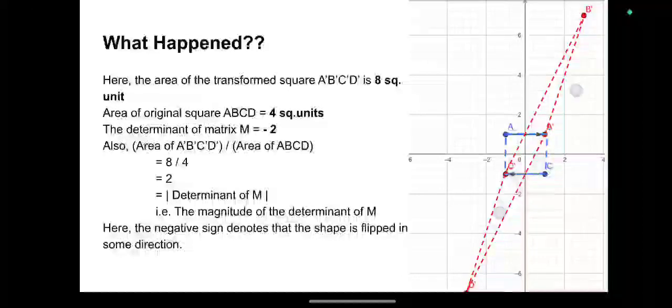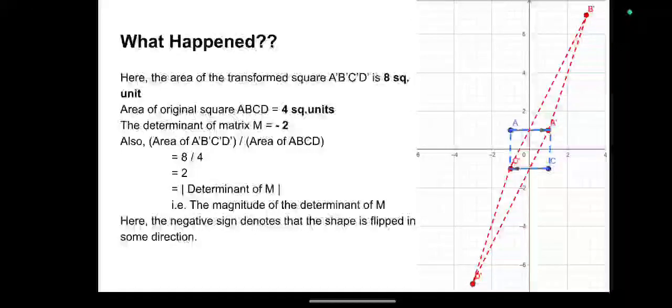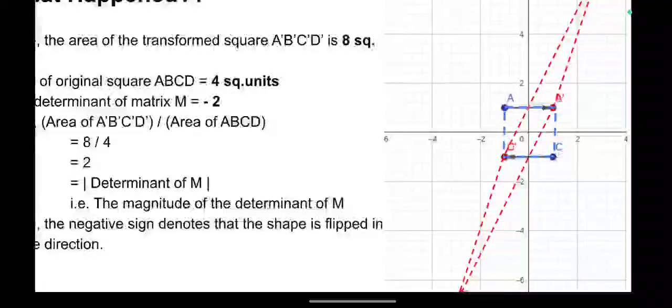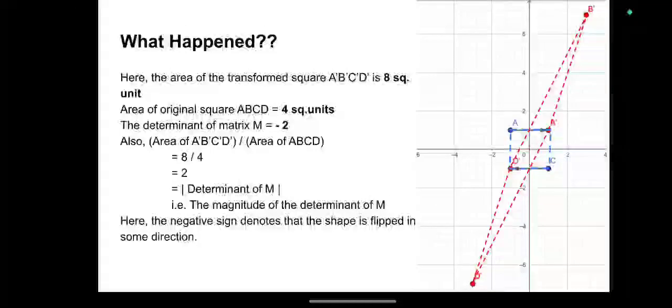And here you can see the point B has transformed into B dash, which is at the top of the screen, and our point D has transformed into D dash, which is on the bottom of the screen. So if you notice here, our points A and C have changed quadrants. The point A from the second quadrant has shifted to the first quadrant, and the point C from the fourth quadrant has shifted to the third quadrant. So you can think of this as the shape flipping in some way.